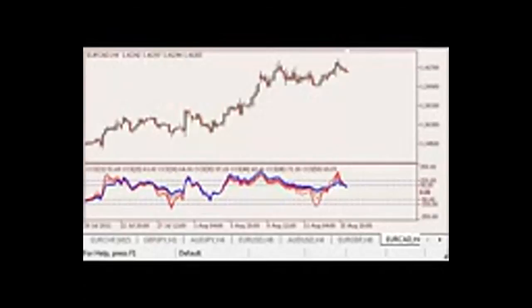Now, as you go through all of the pairs and you watch the market day after day, you will see that many of them are almost the same correlated versions of other pairs. And it does make sense to more or less permanently weed out some of the pairs that you just don't need to focus on.